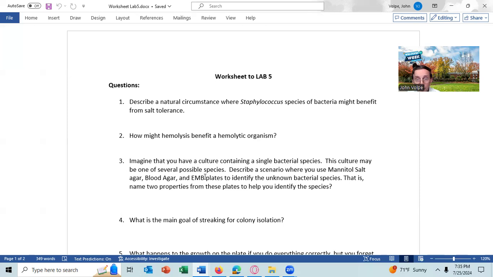Describe a scenario where you use mannitol salt agar, blood agar, and EMB plates to identify the unknown bacterial species. You need to name 2 properties from each of these plates to help you identify the species. Any question about that?